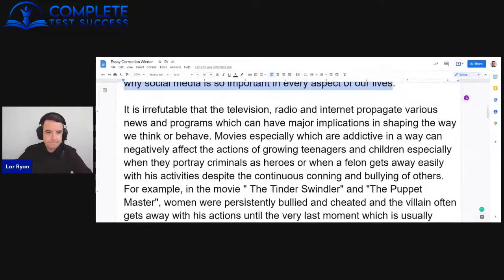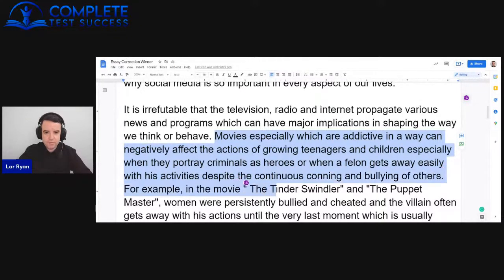Okay. It is irrefutable that the television, radio, and internet propagate various news and programs which can have major implications in shaping the way we think or behave. Movies especially, which are addictive in a way, can negatively affect the actions of growing teenagers and children, especially when they portray criminals as heroes or when a felon gets away easily with his activities despite the continuous conning and bullying of others.